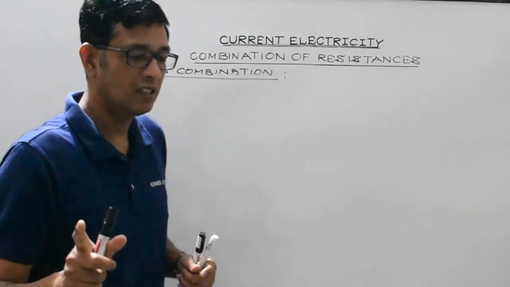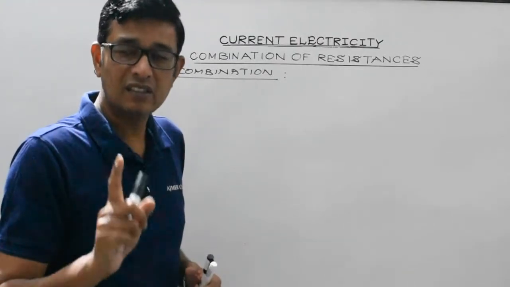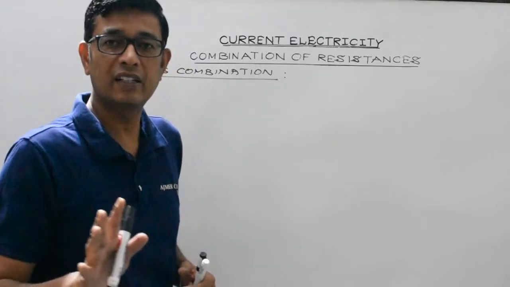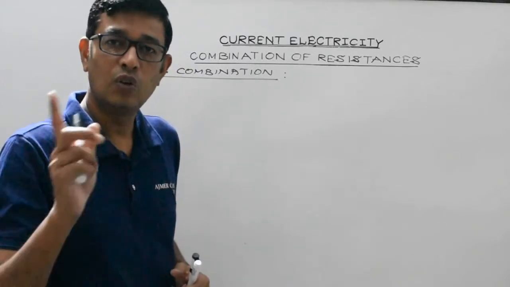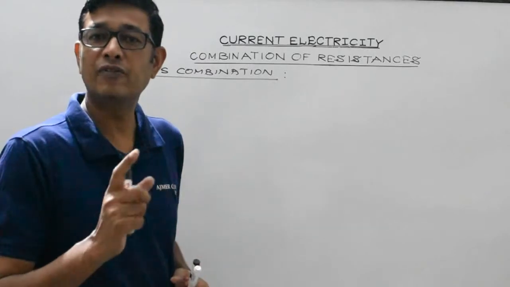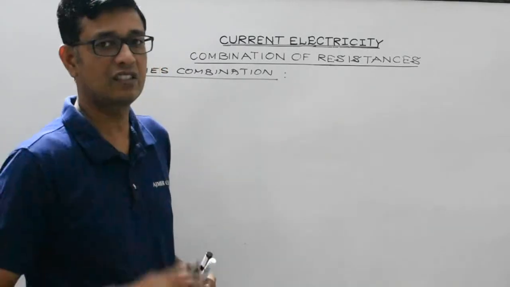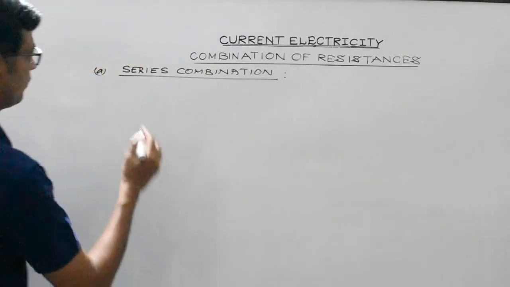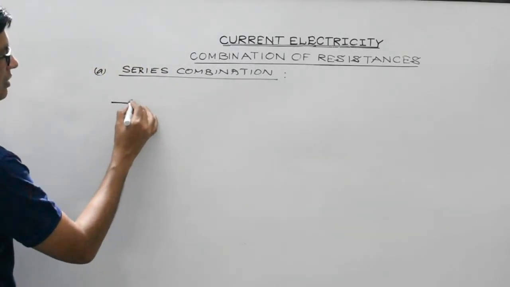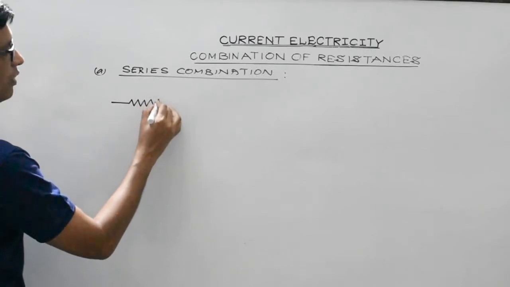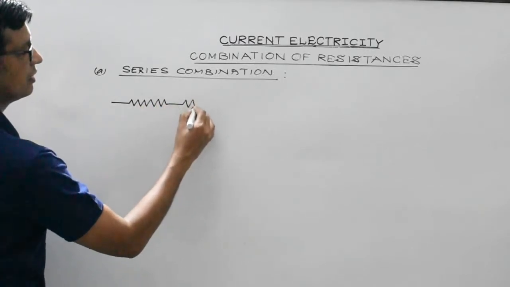Again I repeat, 2 or more resistors are said to be connected in series only when the current flowing across each of the 3 resistors is constant, right? So let us consider 3 resistors having resistances of R1, R2 and R3 like this.